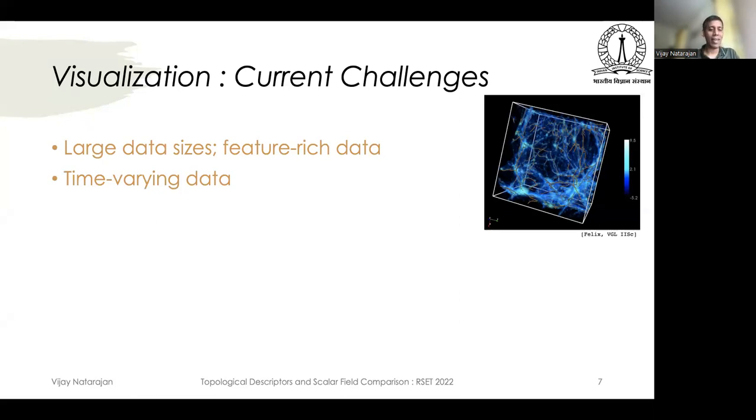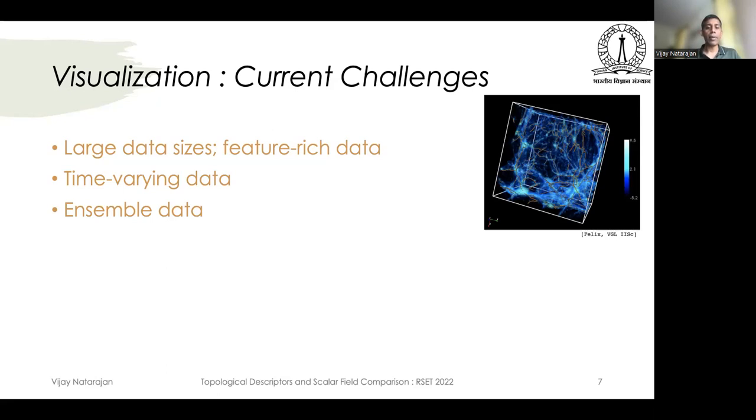The sizes are even larger here. And ensemble data, which is a collection of data that come from repeated runs of a simulation using different parameters. All this is possible thanks to improved computational resources and the availability of storage devices that helps us store and quickly access these data sets.